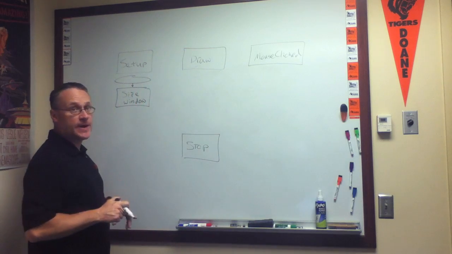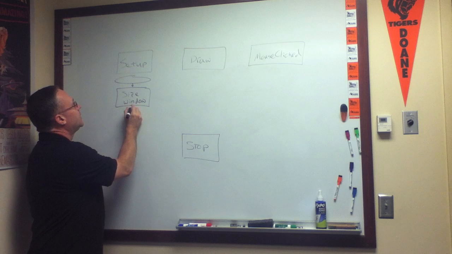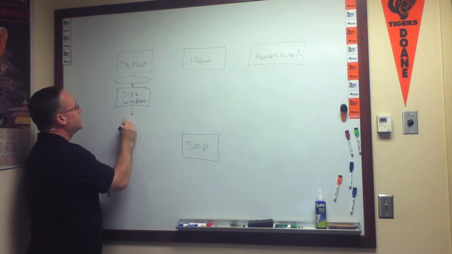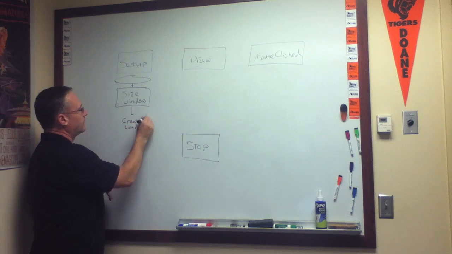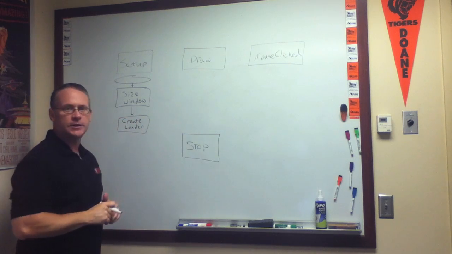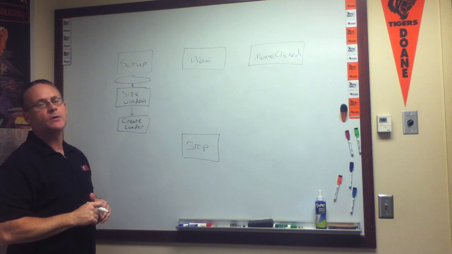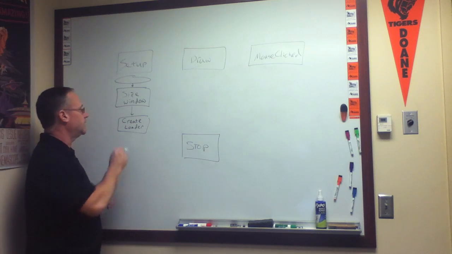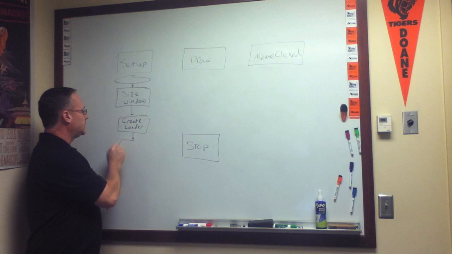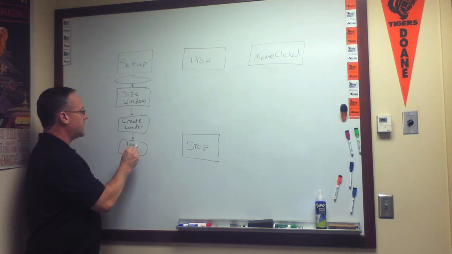Then we also need to do some sound related stuff. We talked about that in previous videos, but in order to do that we need to create the loader, the minim object. It's going to be used to load the sounds, or the song in this case. And then we need to load our song based on that loader.